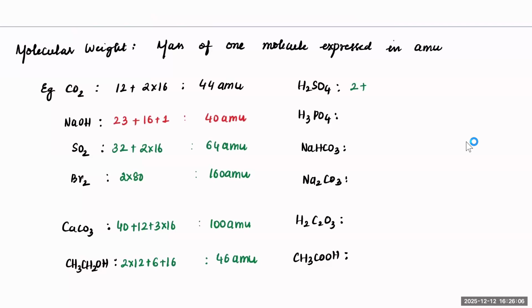H2SO4: hydrogen 2 plus 32 plus 4 times 16, that comes to be 98 AMU. H3PO4 on the other hand is also the same. Remember, phosphorus students usually tend to forget, it is 31, plus 4 times 16. So that is again going to come out as 98 AMU.